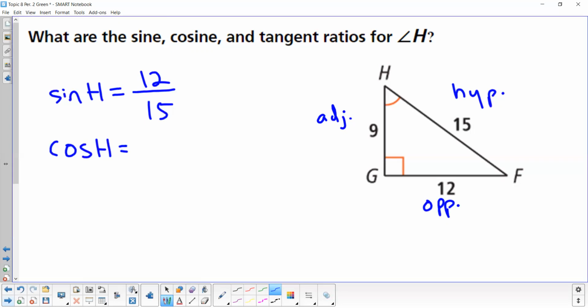Cosine equals adjacent over hypotenuse, so 9 over 15. The tangent of angle H, which is the opposite over adjacent, is 12 over 9.